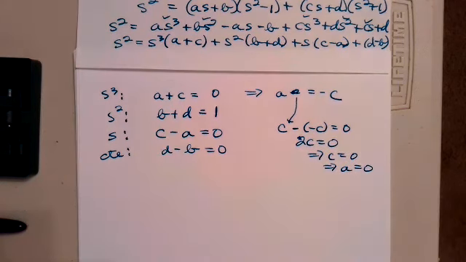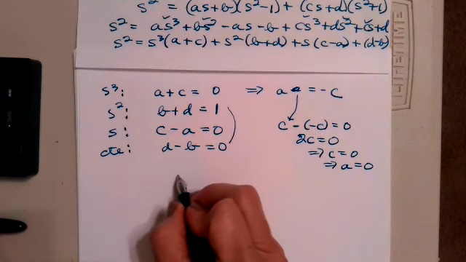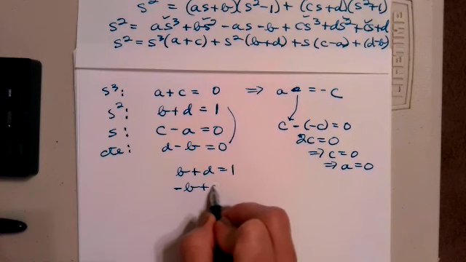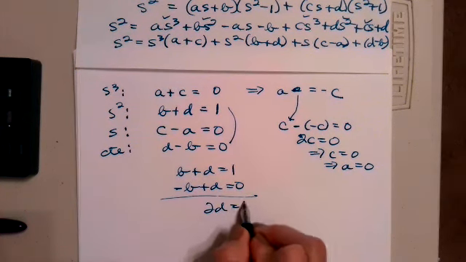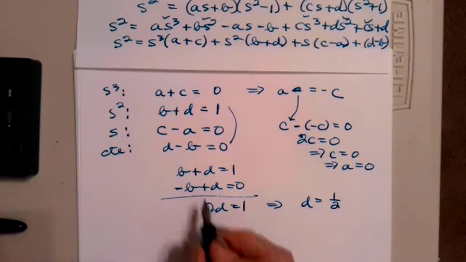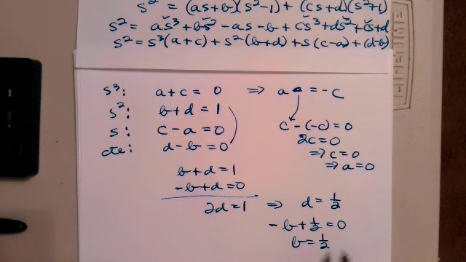Okay, so c and a are 0. And now these two equations for b and d. So we have b plus d equals 1 and minus b plus d equals 0. Add them. The b's will cancel. You get 2d equals 1, which says d is 1/2. And this equation says that minus b plus 1/2 equals 0. So b is also 1/2.